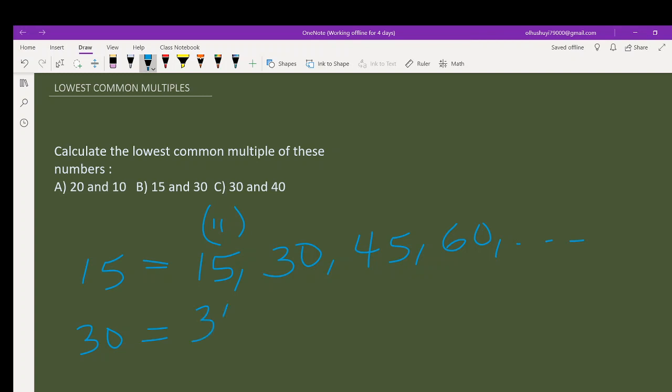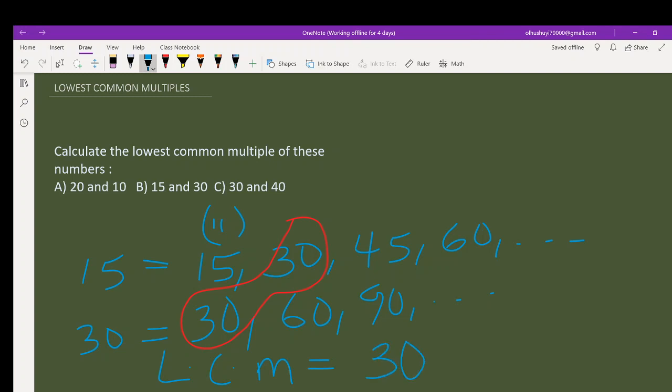Then we have 30: 30 plus 30 you have 60, plus 30 you have 90. You don't have to go this far. So what is the lowest common multiple? Obviously we have this. So LCM will be equal to 30.